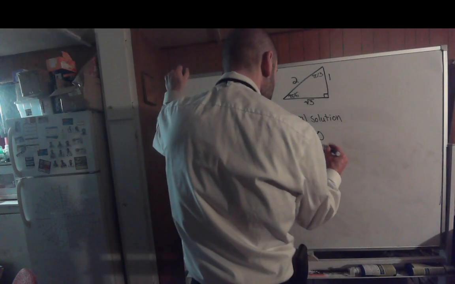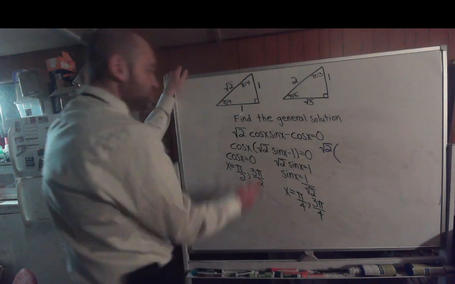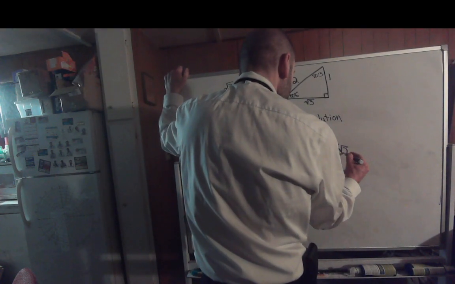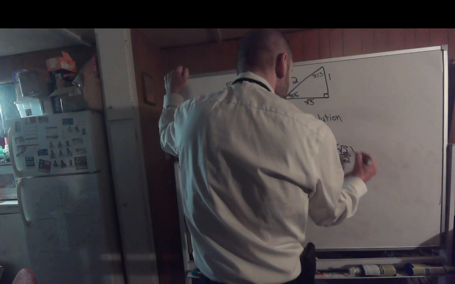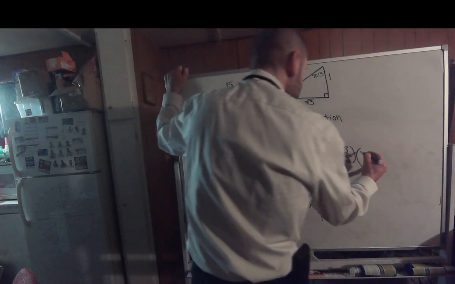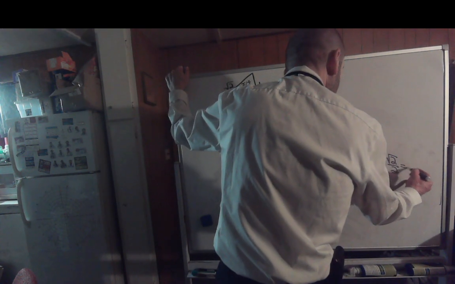So the cosine of 2 times what is the cosine of pi over 4? Well, that's also the square root of 2 over 2 times what's the sine of pi over 4? That's the square root of 2 over 2 minus the cosine of pi over 4, so that's minus the square root of 2 over 2. Set that equal to 0.